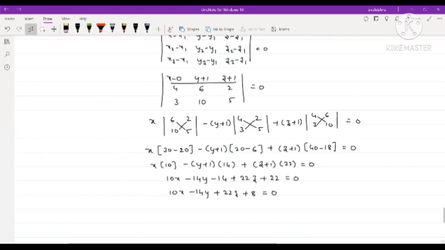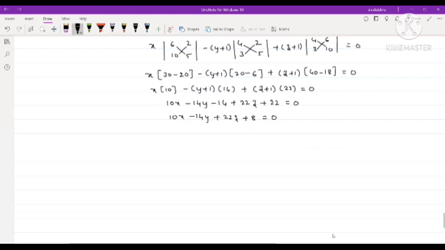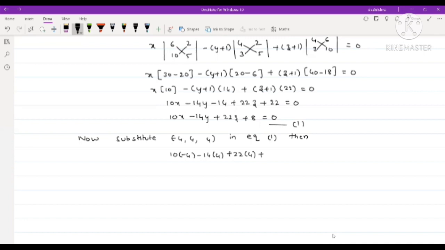So right now I am going to substitute the fourth point in this plane equation. Treat this as equation 1. Now substitute minus 4, 4, 4, the fourth point, in equation 1. So 10 into minus 4, minus 14 into 4, plus 22 into 4, plus 8.